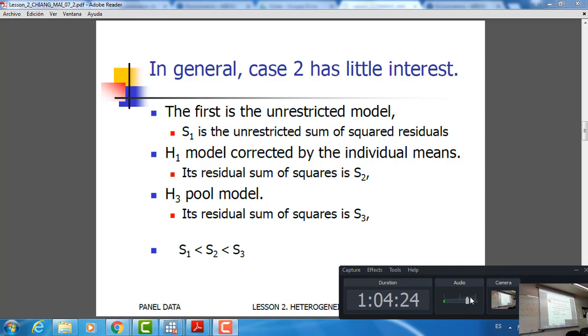Now, how can we decide when we should use a general model or a nested model? So in theory, how can we decide when you can use model 3 or you should use model 1? Intuitively, don't think in econometrics.